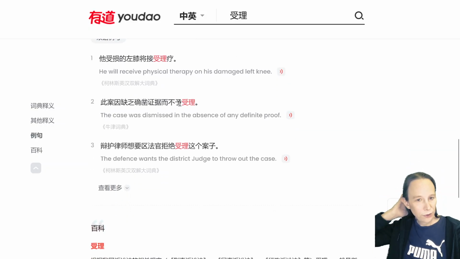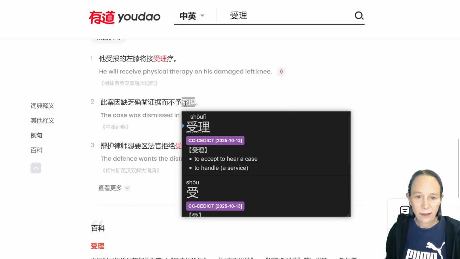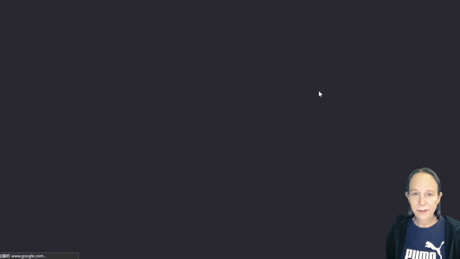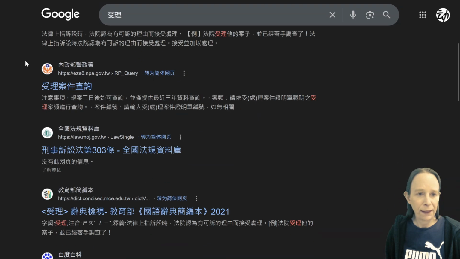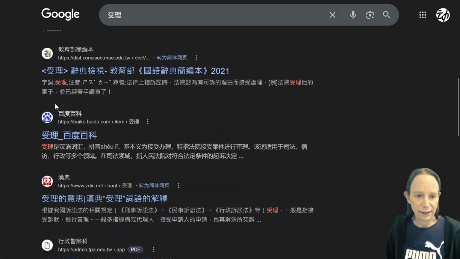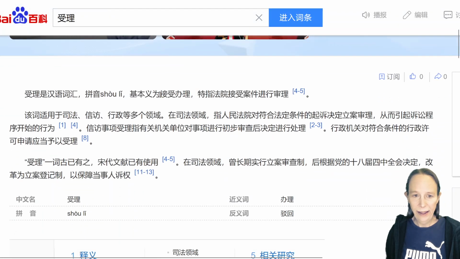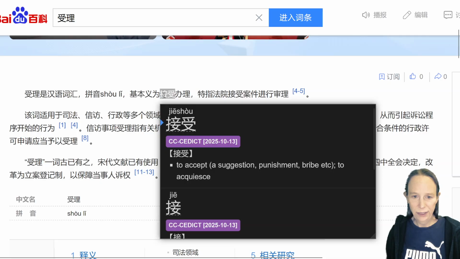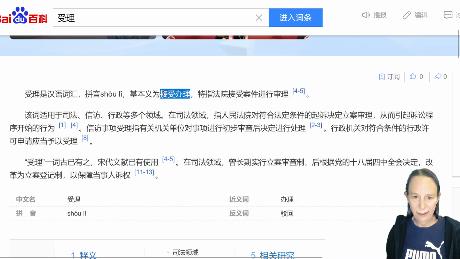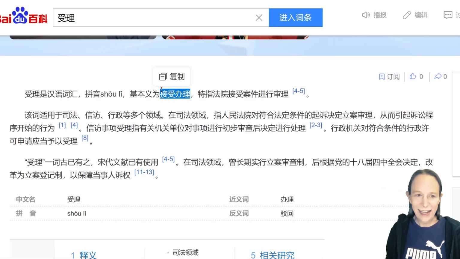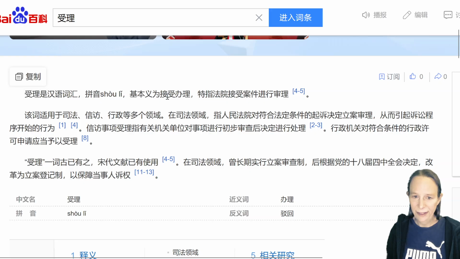I have to look it up. Not in the dictionary. All right, let's just Google it, see what comes up. Okay. 接受办理. This one. 接受办理. Okay, so it's kind of like an abbreviation for this phrase, right? 受理, 接受办理.